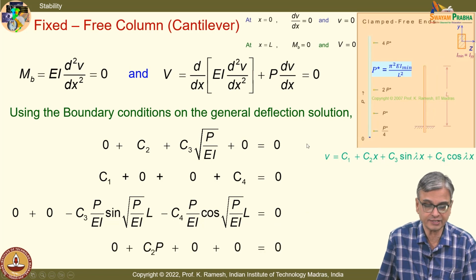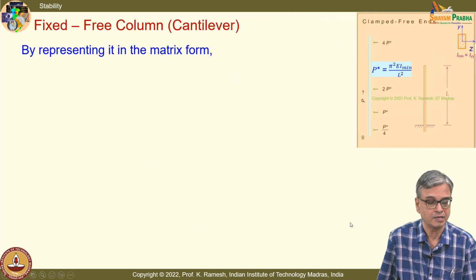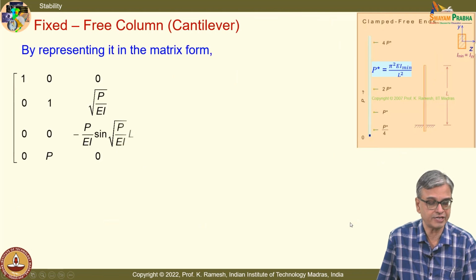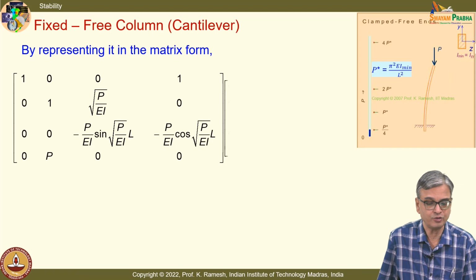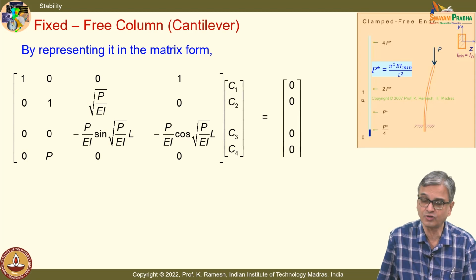So, the fourth condition is shear force is 0, that gives me 0 plus C2P plus 0 plus 0, and this I can put in a matrix form in a convenient fashion, and you have this equal to 0 0 0.